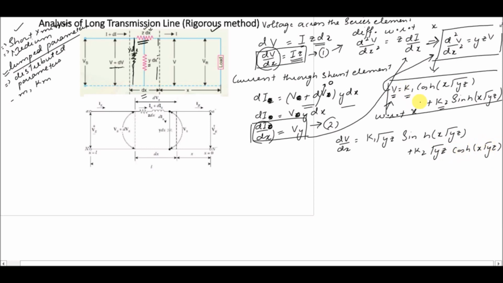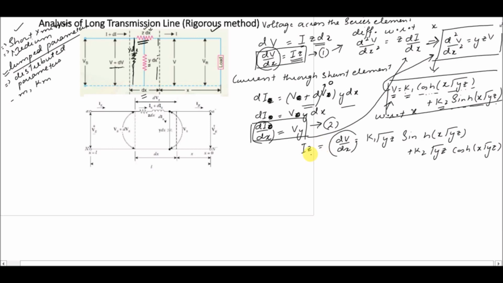So you just have taken the differential of this cosh and the differential of this sinh. K1 and K2 were constant, so the differential of the cosh term is sinh x under root yz, and this under root yz will come outside. Similarly for the cosh term. Now we know that dV over dx is equal to Iz.